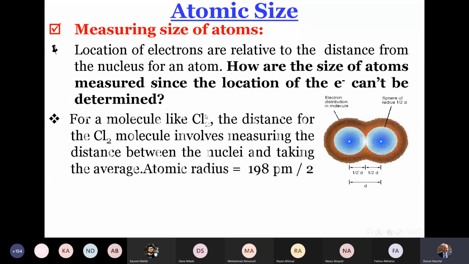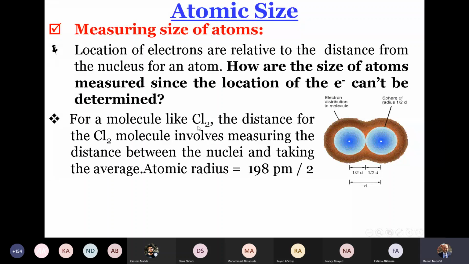So what to do? For example, if we want to calculate the radius of atom X, we consider the molecule X2, and we suppose that these two atoms are tangent. So we have two nuclei, we have the electron of the first and the electron of the second, and these points are the probability of presence.